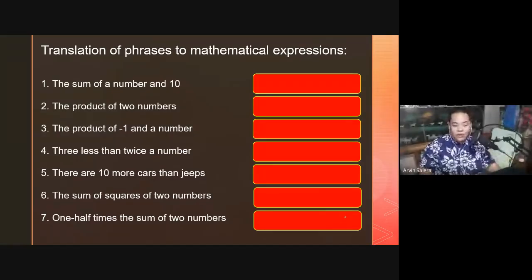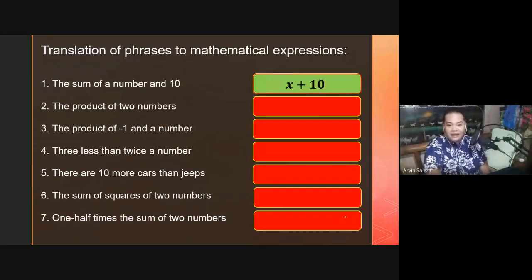If we say that a number is a variable, let's say we use x as the variable, then you get the sum of the variable x and 10, and that would be x plus 10.